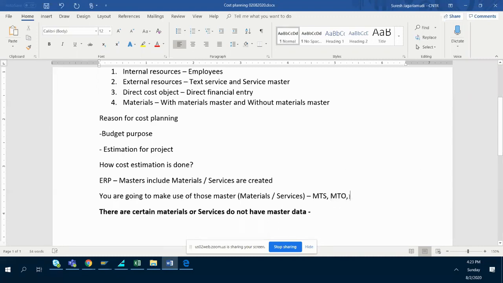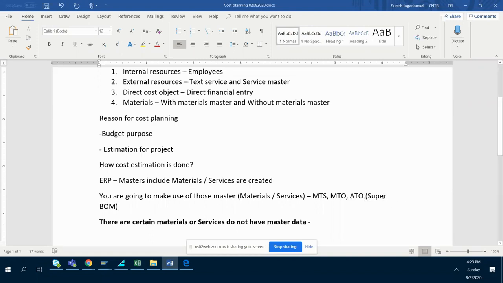Now, ATO, what does it do? It is a super BOM. But still, you don't have any information which you do not know. Everything is known to you. In assemble to order also, you know the material is already manufactured, you just have to assemble. You know everything in place.